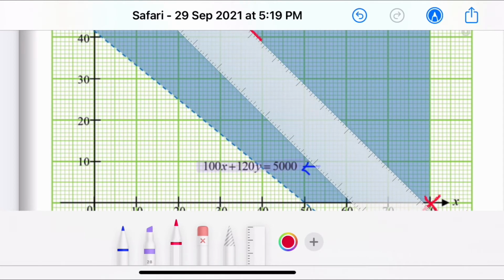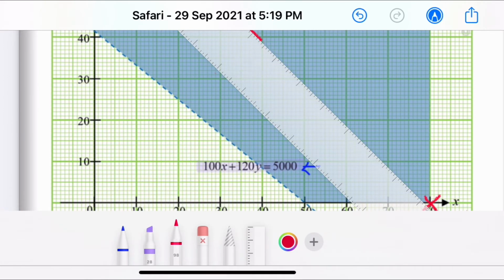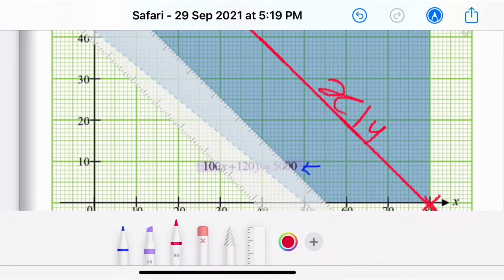The line that we drew just now is red in color. So this is x plus y equal to 80. I have to remove the ruler. I have drawn the line already, and I made sure the point is exact.